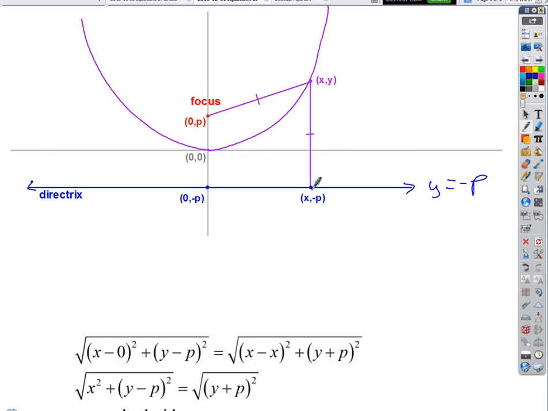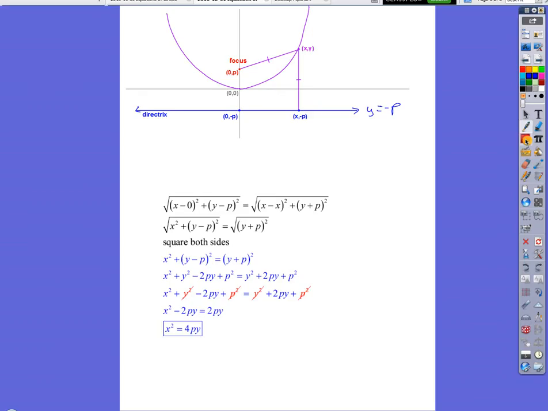Okay, so we should be able then to just set up an equation, right? We should be able to say that this distance and this distance have to always be the same. That's our only constraint, right? That's how we define the locus of points, that those distances need to be equal. Well, how do we say a distance again? How are we going to define a distance?